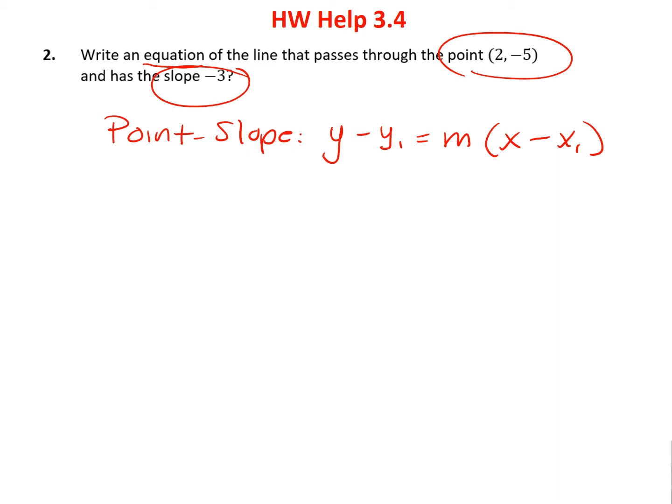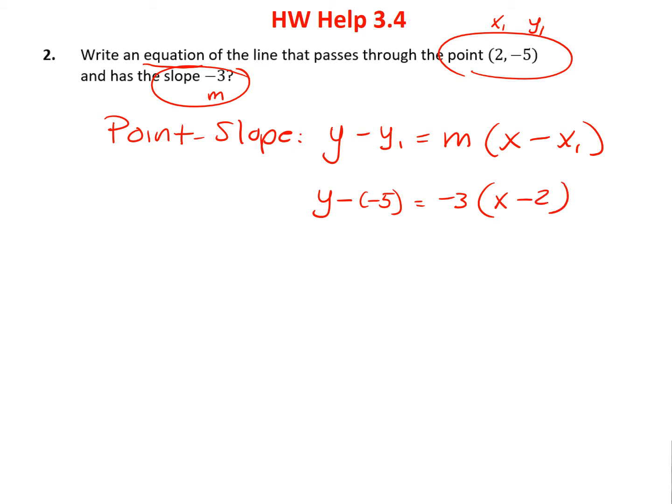Okay, so we start here. This is going to be my x1 and my y1, and this is going to be my m, and all I have to do is plug them in. So this is going to be y minus, y1 is minus 5, so y minus minus 5, and the slope is negative 3, times x minus 2.